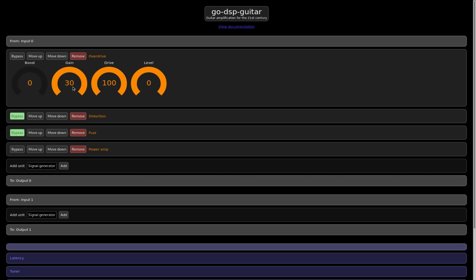Now I will reduce the gain value down to about, say, 15. Let's reduce it more towards 10 decibels. Now I will turn the gain up again, and I will decrease the drive value instead.